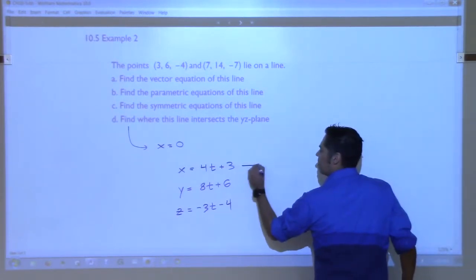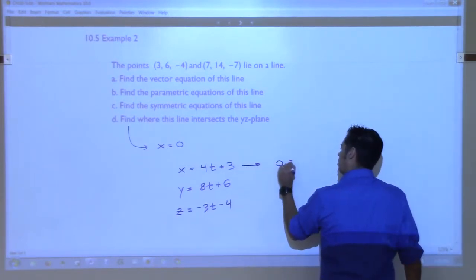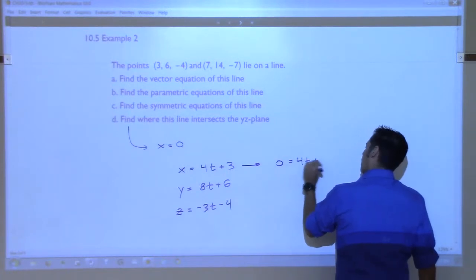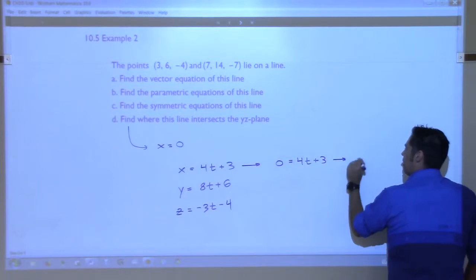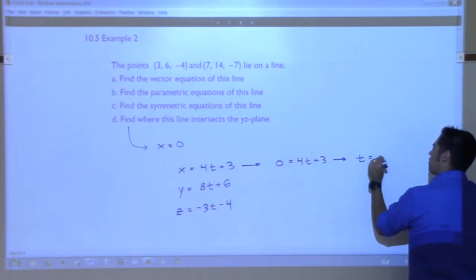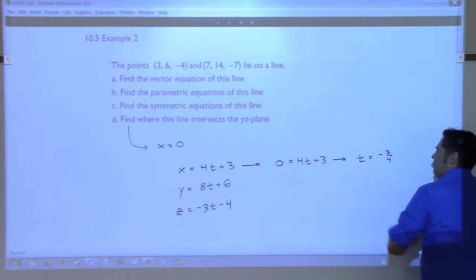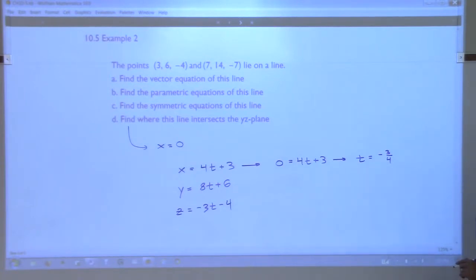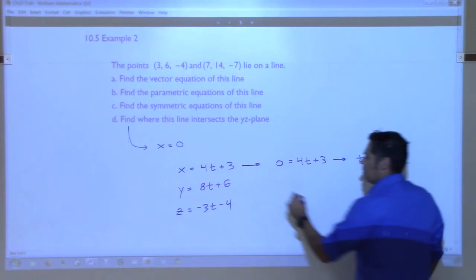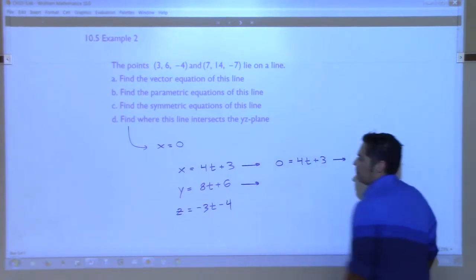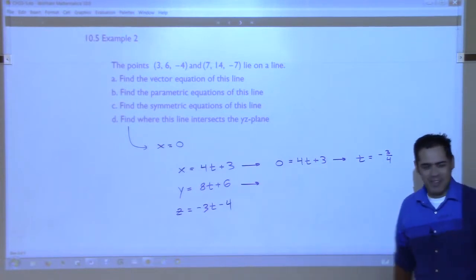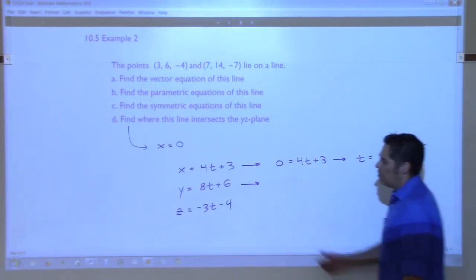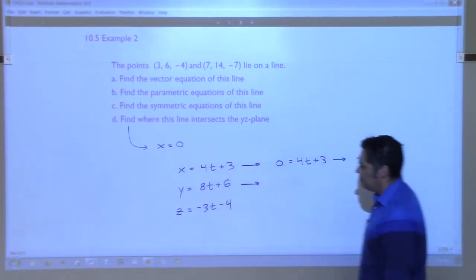So let's let x be 0. So what's t? Negative 3/4. All right. So once we know t is negative 3/4, now we try and find what y is. I think it should be 6 plus 8t. Yeah, I wrote them down the other way, but it's okay.